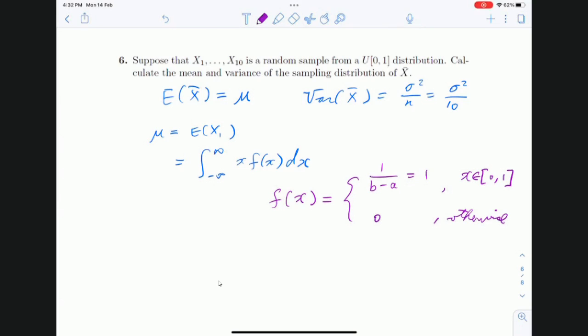So we substitute into this integral. Now, in general, the integral is over all the real numbers. But outside this range, the probability density function is 0. So that means the range of the integral will be just from 0 to 1 only, because outside, all the things will become 0.